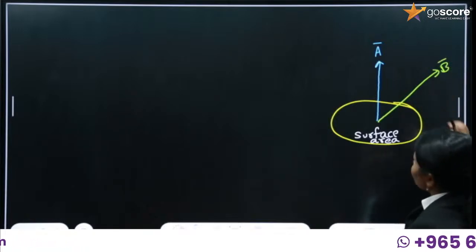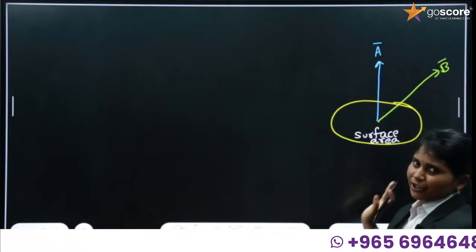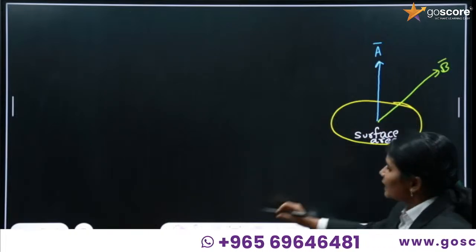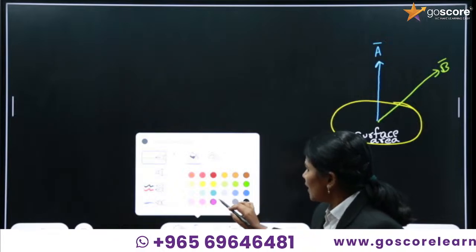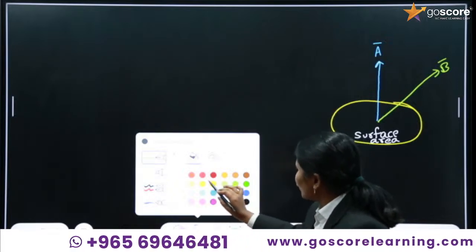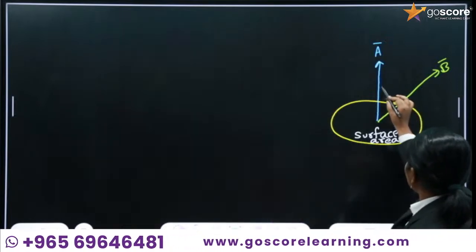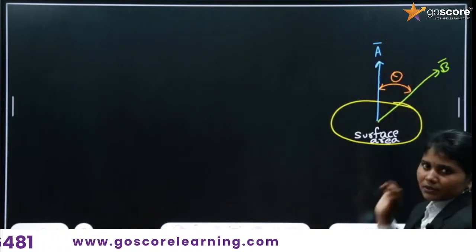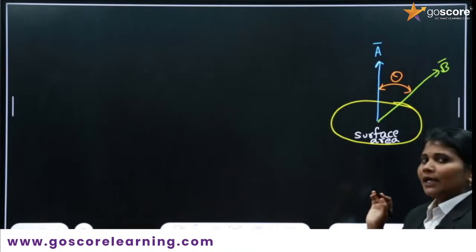This line is the magnetic field, and this is the area vector. These two produce some angle, and this orientation is indicated by theta.